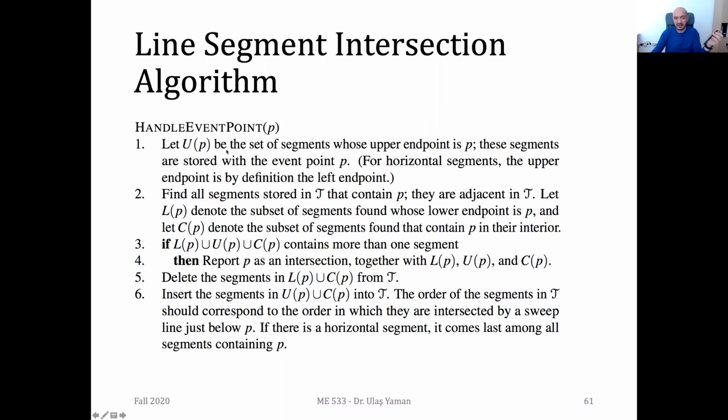Once you come into this function, that means you have an event point P. And now with the help of these 6 statements, we are going to handle this event.